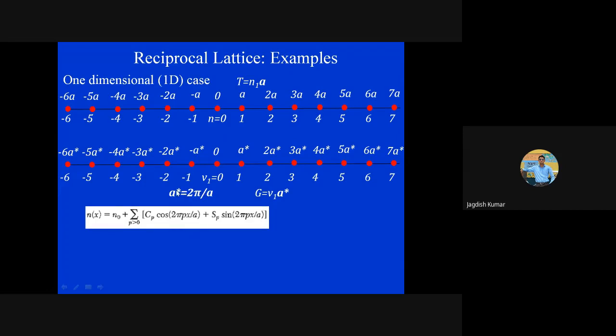Or I can say A star, 2A star, 3A star. So the reciprocal lattice just tells us at what frequencies the terms should appear in the Fourier series. There is nothing like this 0 corresponds to this 0, or this A corresponds to A star. There's no one-to-one correspondence. Is that clear, Harish?